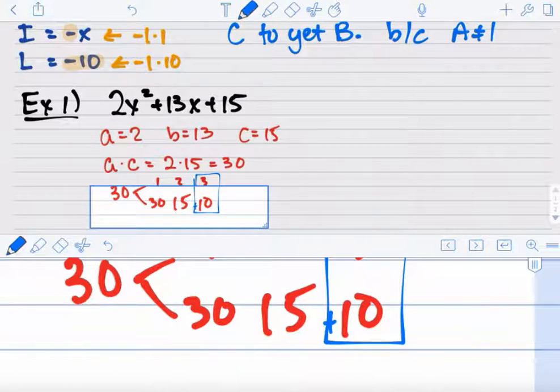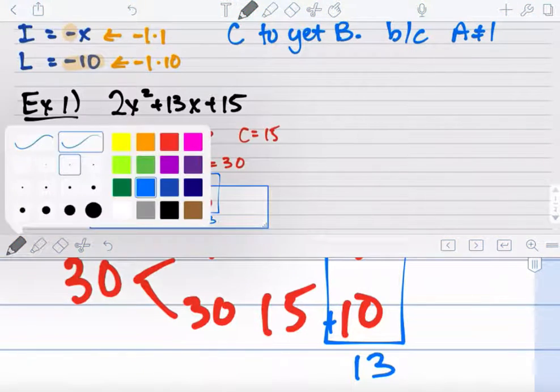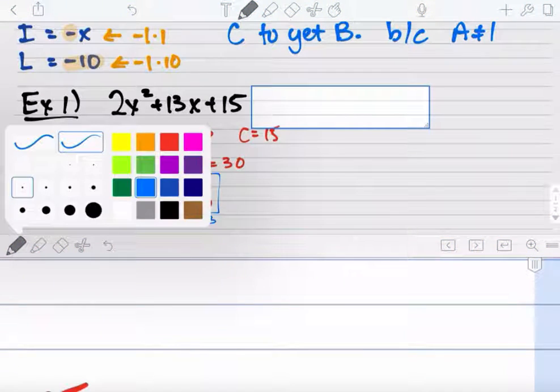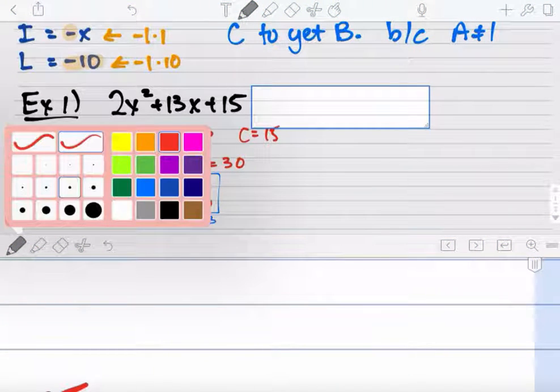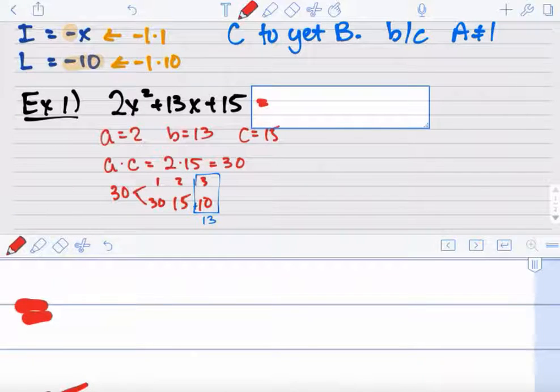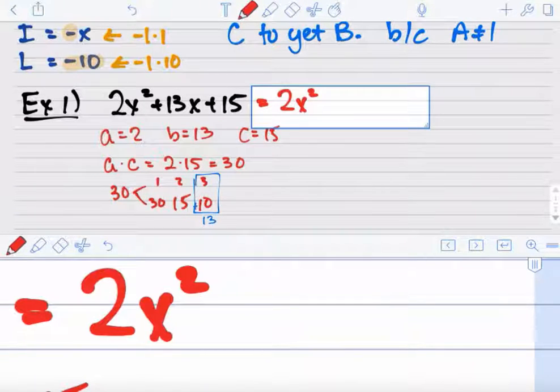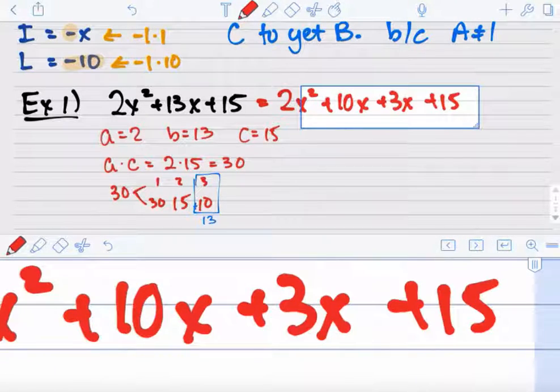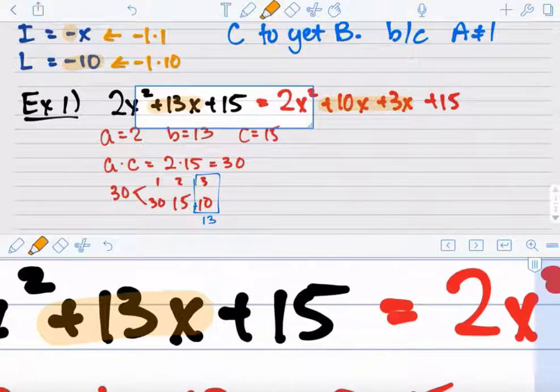If I add those, I get 13. So I've got that. What I'm going to do is take this expression up here and rewrite it as 2x squared plus 10x plus 3x plus 15, for the sole reason that 10x plus 3x is the same thing as 13x.